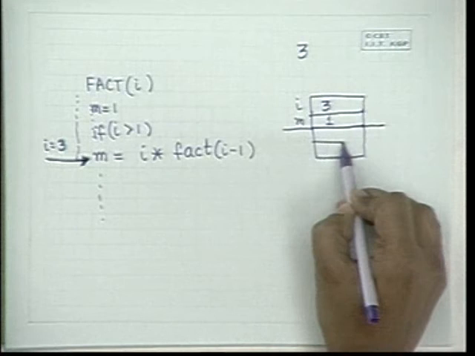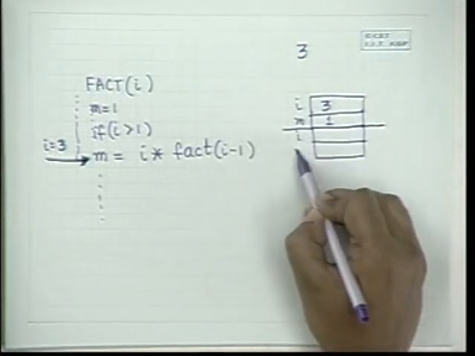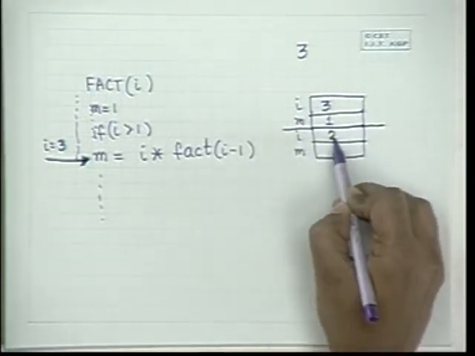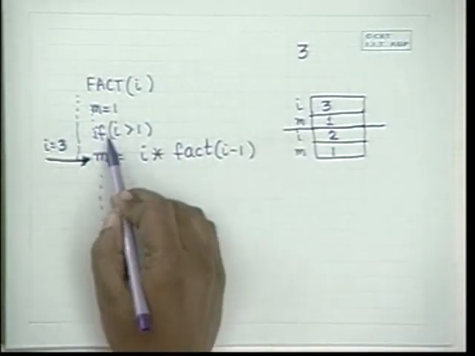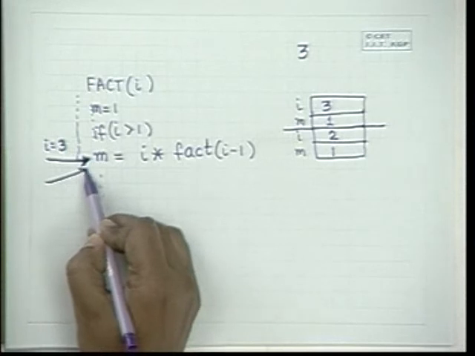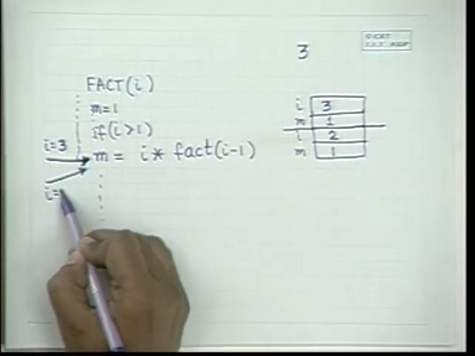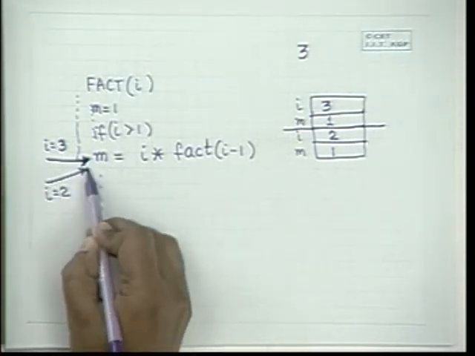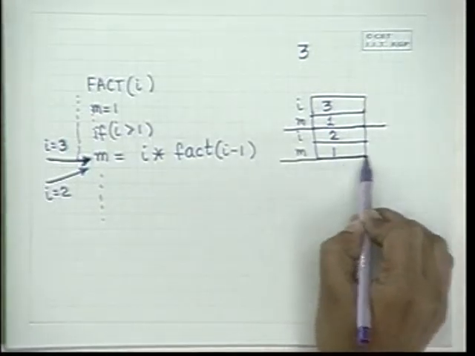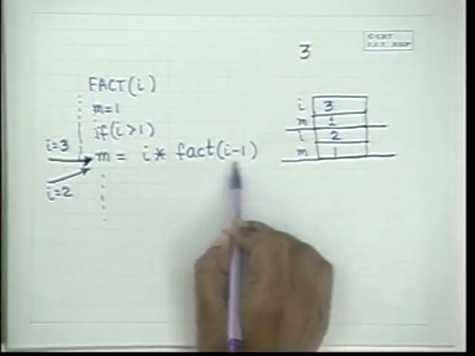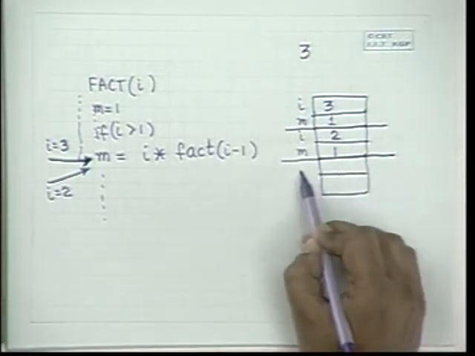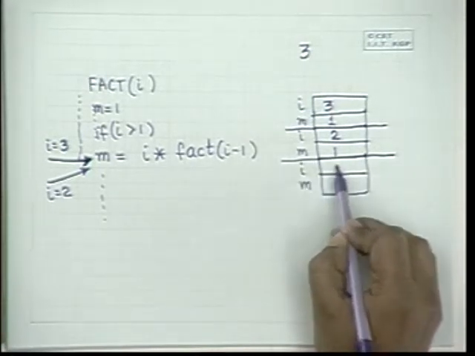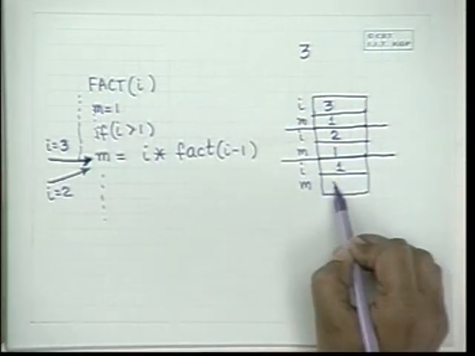So again two local variables I and m are created, this with 2, and when it starts execution, it initializes m to 1, comes here, I is 2, and it again calls fact. So another segment of two variables I and m is created. Here I is 1, m is initialized to 1.